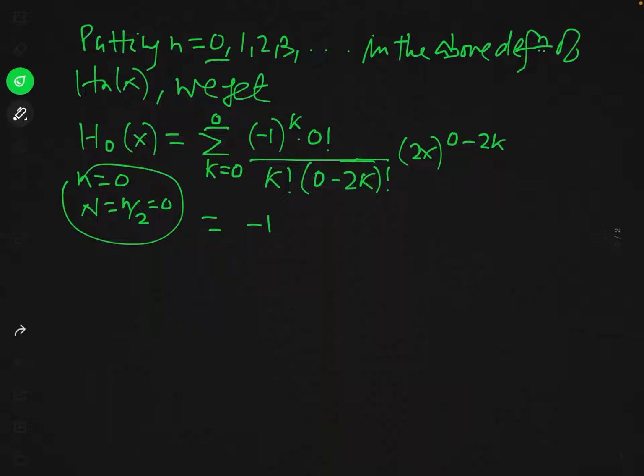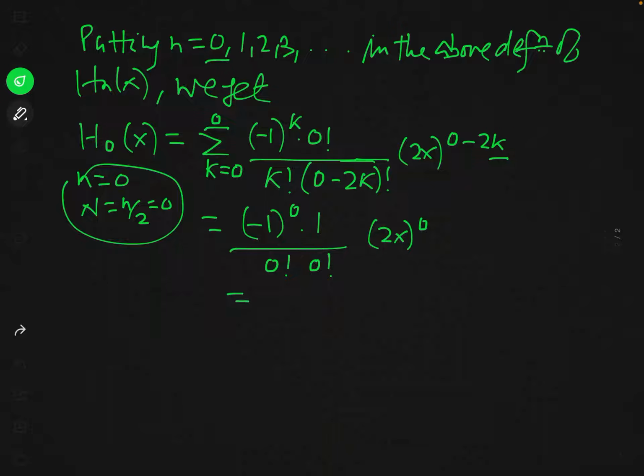So this is minus 1 raised to the power 0, and 0 factorial is equal to 1, then 0 factorial again, since 0 minus 0 is 0, and 2x raised to the power 0.